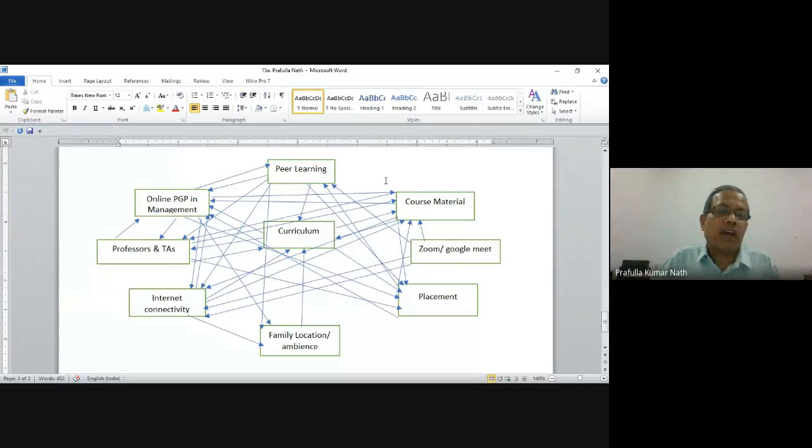But what I find is that there are some subsystems that are not well connected with others. So in this connection, I say the online PGP mode of management program should be looked into from a placement perspective, so that the empathy element can play a role here.